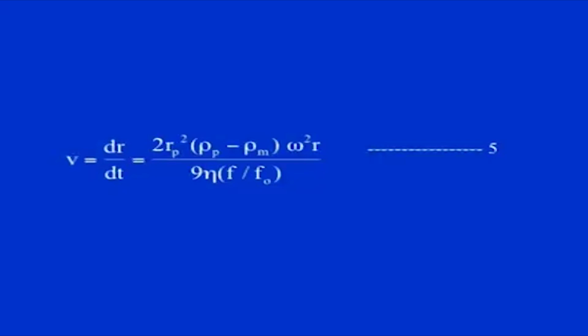Also, the sedimentation rate will decrease when the viscosity of the medium increases. If you recall, the velocity or rate of sedimentation is inversely proportional to the viscosity of the medium. So, these factors play an important role, and apart from that, as we have seen, the applied centrifugal field, where omega square r, the square of the angular velocity and the radial distance, will also play a role in determining the sedimentation rate.